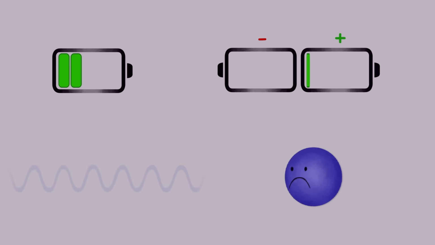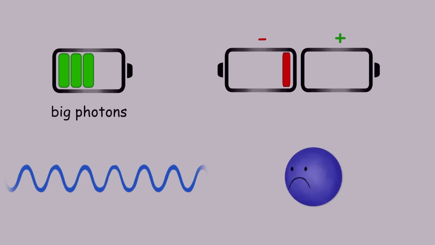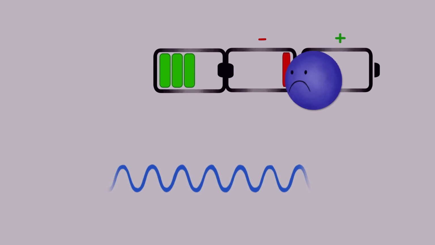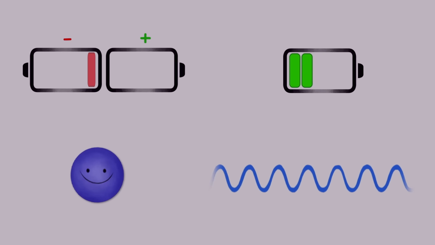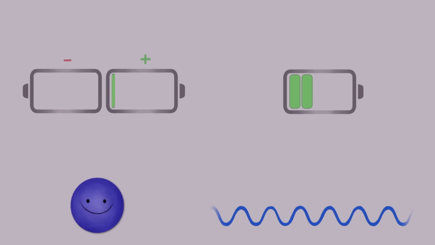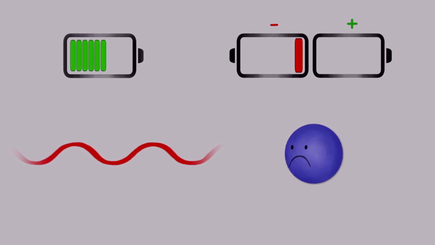So let's say we have a color of light that has really big photons. And so if that one photon has enough energy to free the electron, the electron will take that freedom, plus any surplus energy will just go into its kinetic energy. On the other hand, we might have another color of light shining with a lot less energy per photon.